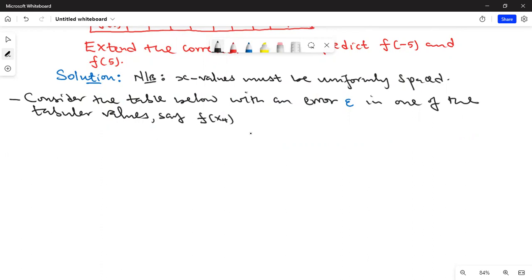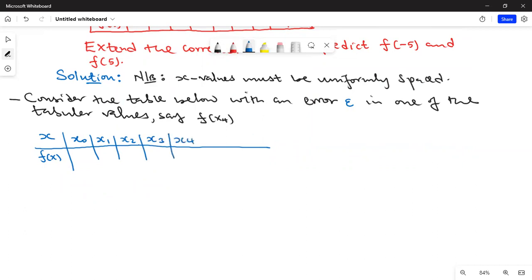So we have this table, or let me use another color. We have x and f of x. So let's say we have x0, x1, x2, x3, x4, x5, x6.